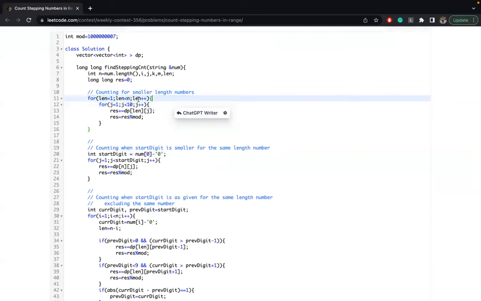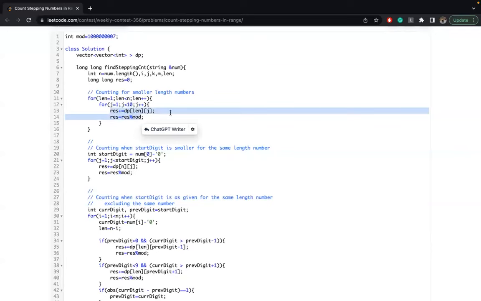If the length of this number is n, then I'll just look till n minus 1. So it's just less than n. I'll add all the dp's, like any numbers starting with any digit but having lesser length. All those will be added in the result.